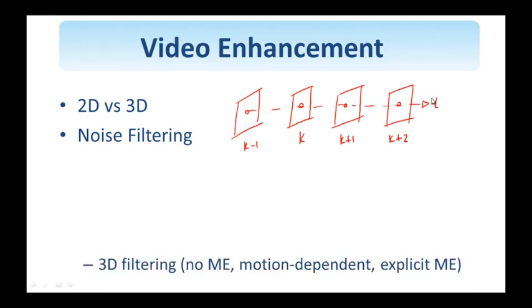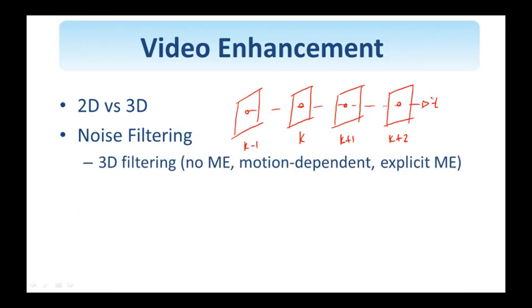We will discuss here three-dimensional spatiotemporal filters, which have as special cases 2D spatial and 1D temporal filters. Such filters can be classified into three groups: the ones that completely ignore motion, the ones which take motion into account implicitly, and the ones which take motion into account explicitly.